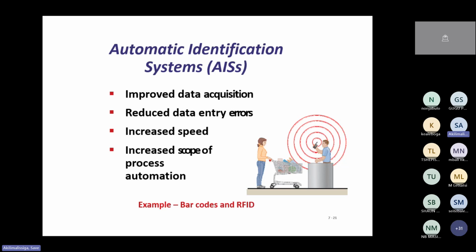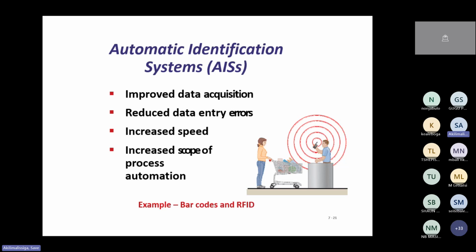It's automatically done. However, there are some instances whereby the barcode is probably not visible to the scanning machine. The cashier will scan, but it does not scan. In that process, the cashier will be forced to input the barcode manually. In the process, errors can occur.